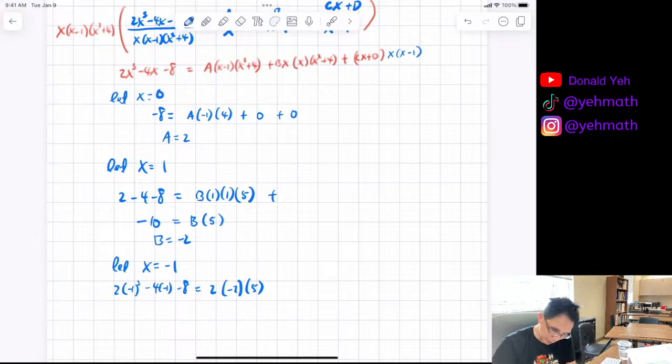A is equal to 2. Okay, it doesn't cancel.